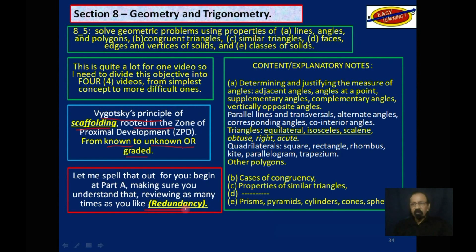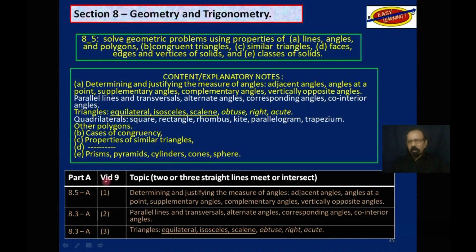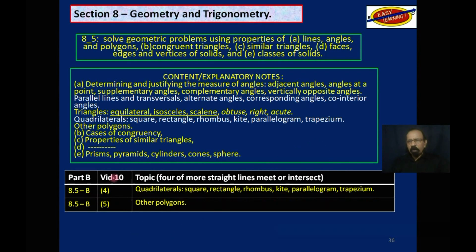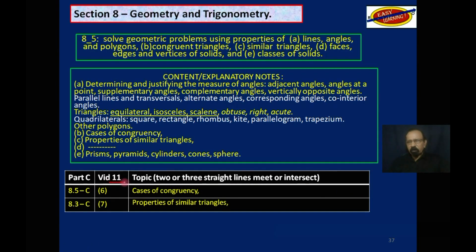As a matter of fact, basically for all the objectives, you need to follow the sequence as presented in these videos. So that was video 9, which was part A of this objective. We completed that. We are now at video 10. We will deal with these 2 concepts. And after that, video 11, which will be part C of this objective, these 2 concepts.